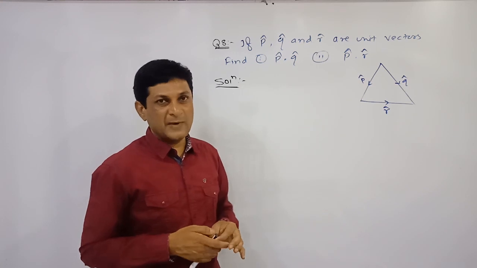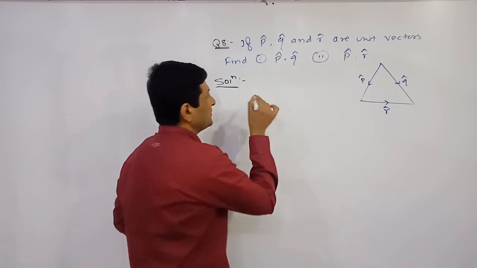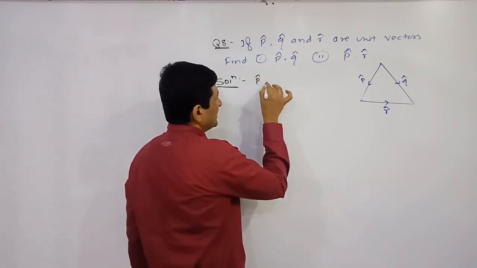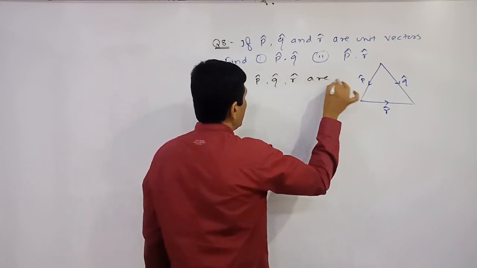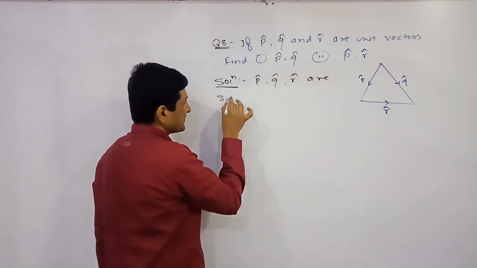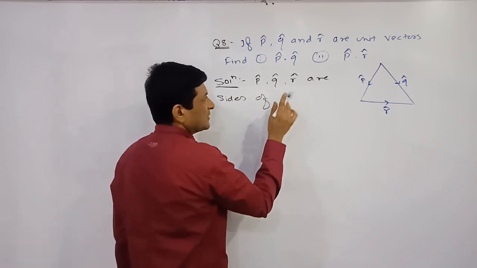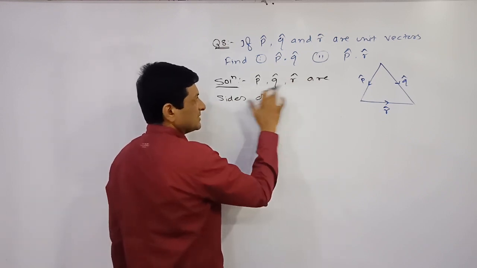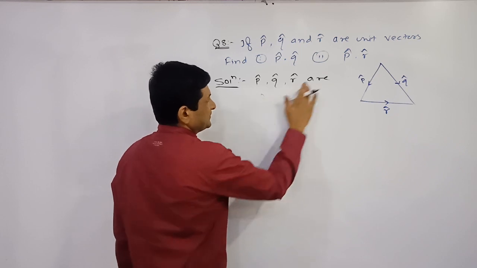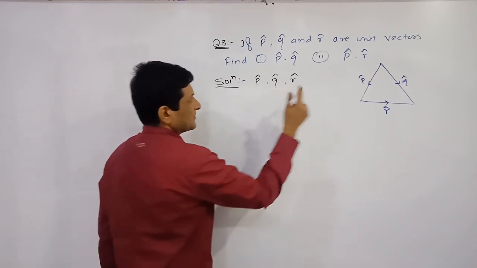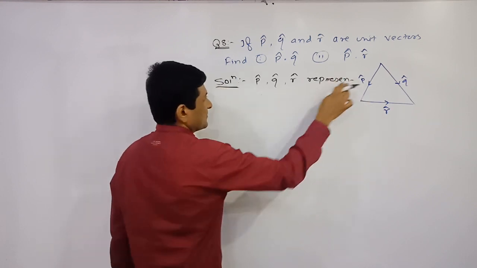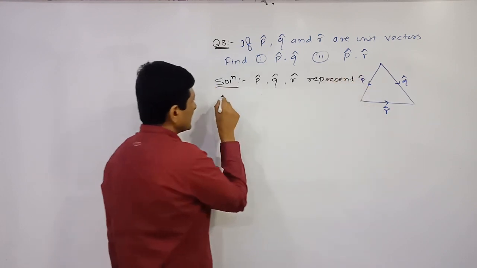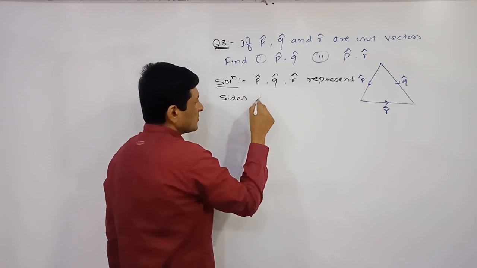So here it is given that P cap, Q cap, R cap represent sides of a triangle.